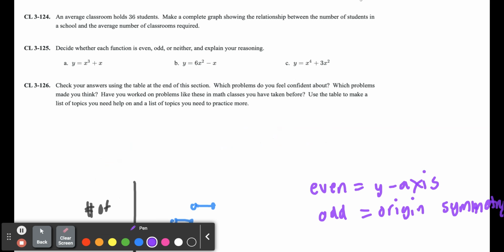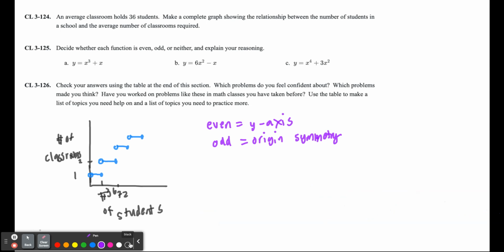So for x cubed plus x, that graph looks like this, more or less. So that's origin symmetry. So that's odd.